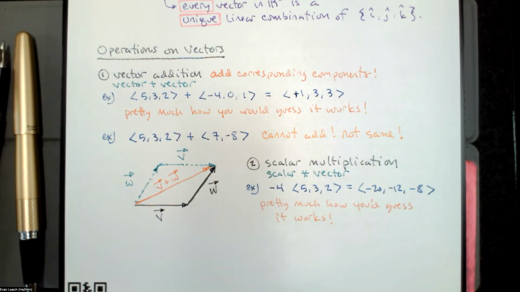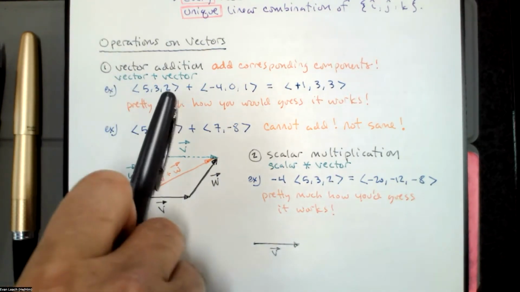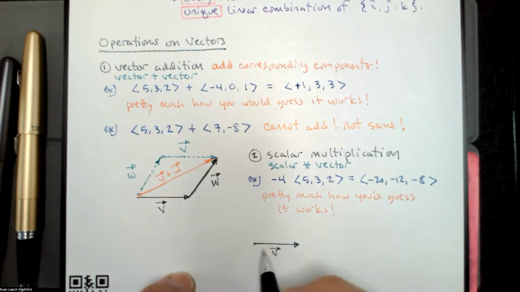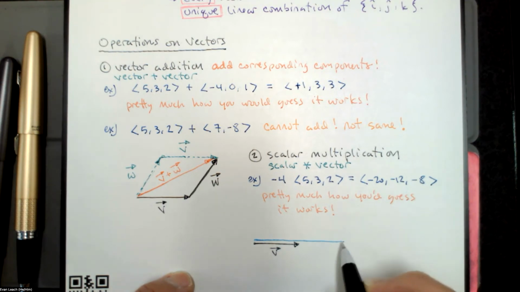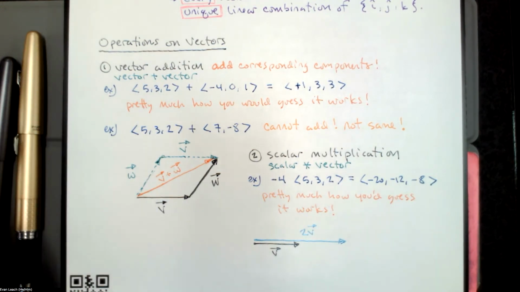So if we've got a vector, and I multiply this vector by 2, I just take this vector and it becomes twice as long. So the vector v up next to the vector 2v maintains the direction. I just adjust the magnitude.